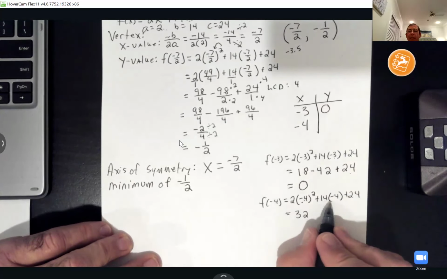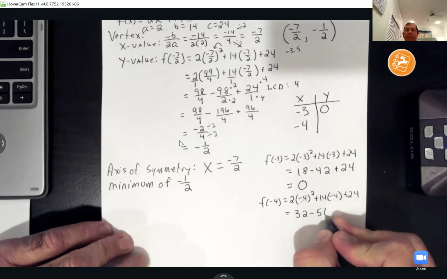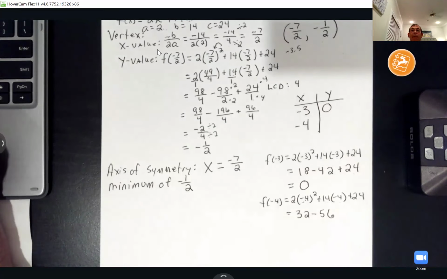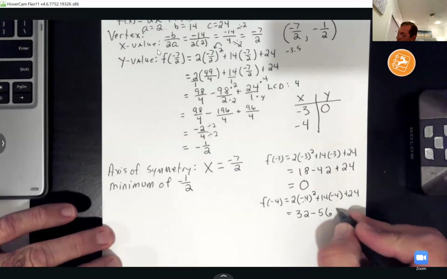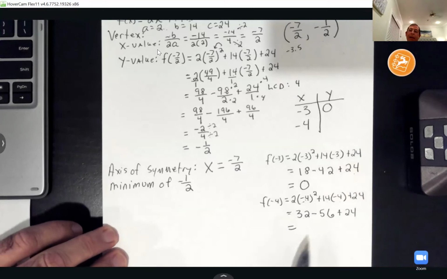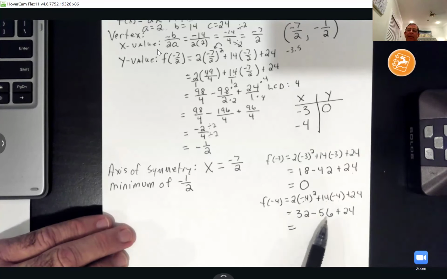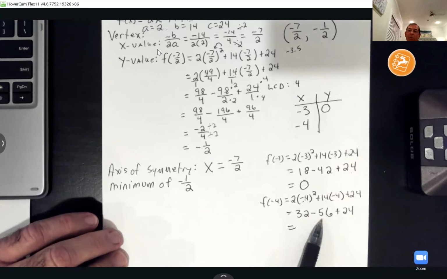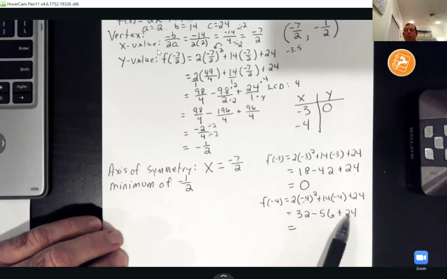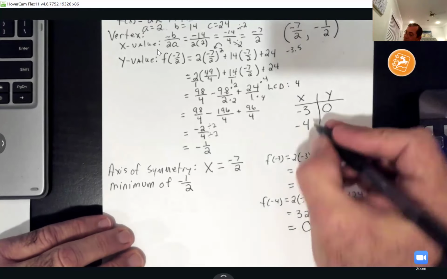Right here, 14 times -4 is going to make that a -56. And then at the end is what? My plus 24. Now I know this is going to give me a 0, right? 32 minus 56 is -24. -24 plus 24 gives me a 0.